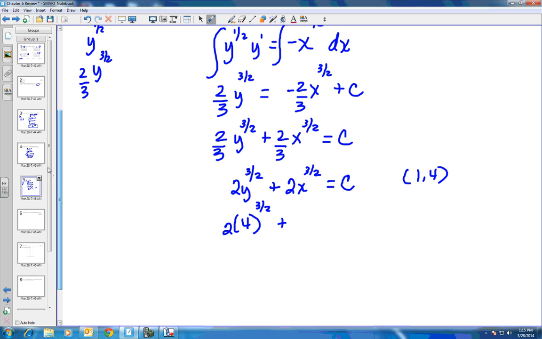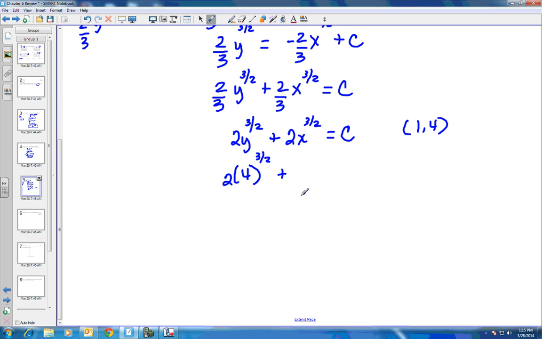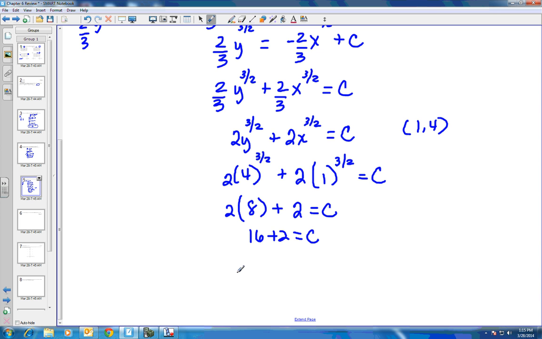Yes. So I have 2 times x, so my x is 1. So I have 2 times 4 to the 3 halves. That means the square root of 4 is 2. 2 cubed is 8. Well, it depends. Let me show you. So this is going to be 16 plus 2 equals c.